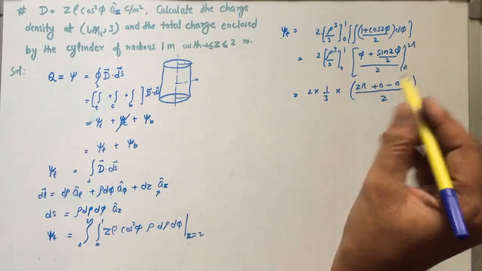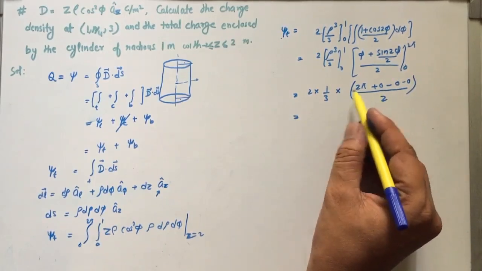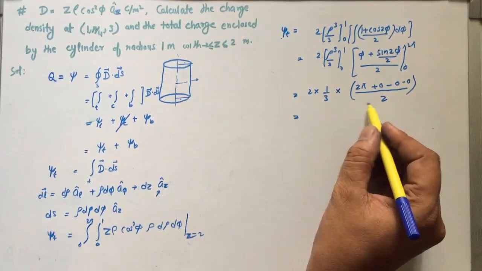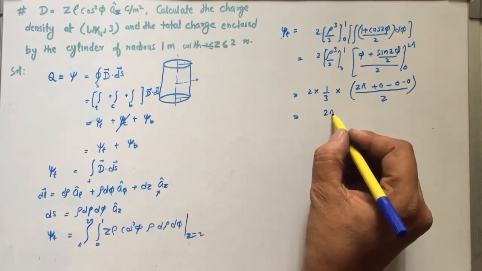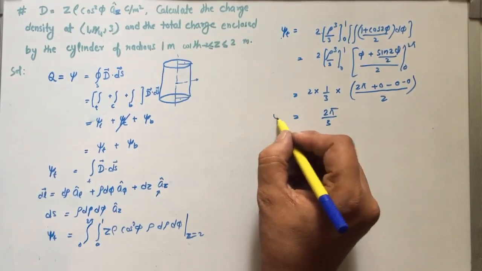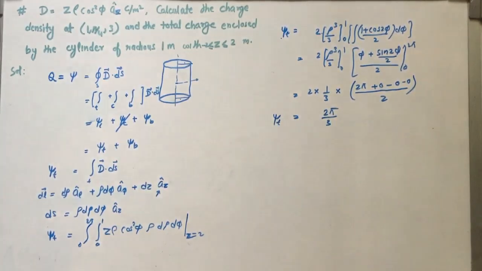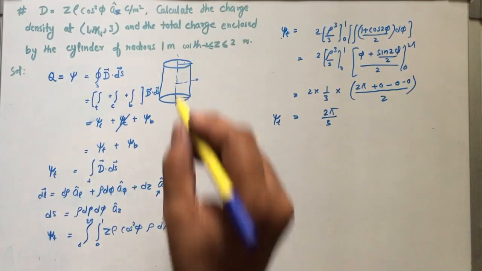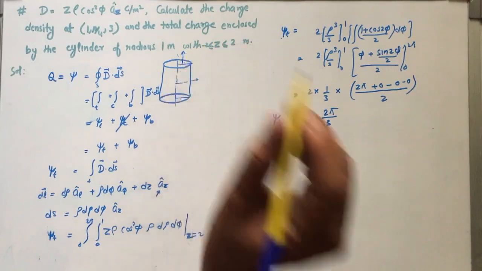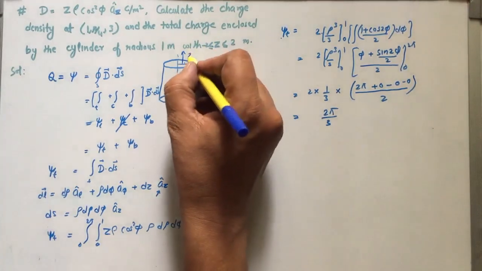It is 2 pi divided by 2. So overall it will be 4 pi divided by 6, that is 2 pi divided by 3 from the top surface. Similarly, from the top it is 2 pi by 3.